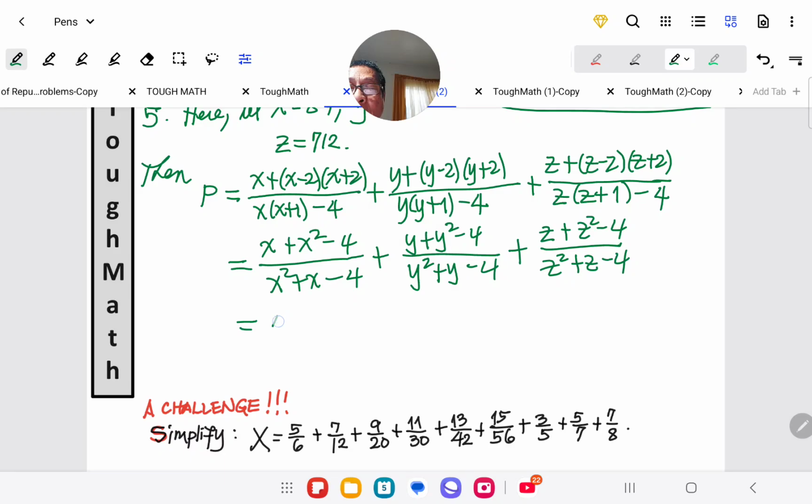So we have 1 plus 1 plus 1 equals 3. So this is our answer to the fifth exercise.